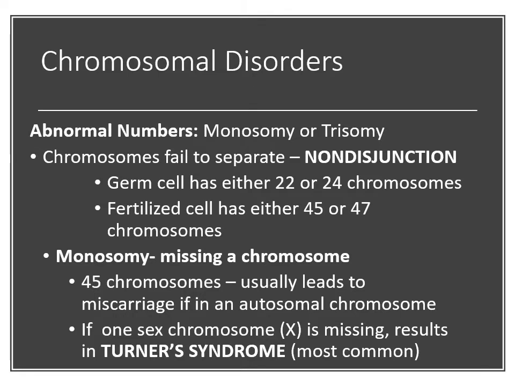Okay? Monosomy is what we call the condition where you're missing a chromosome. So this will be 45 chromosomes instead of 46 chromosomes.